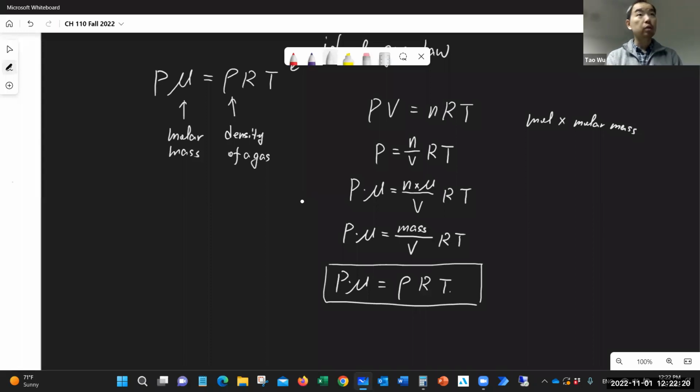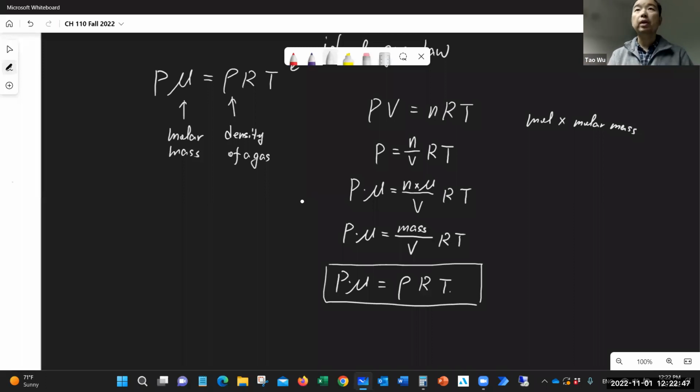Once you know the molar mass of the gas, that gives you a hint, because different chemicals have different molar masses, right? If you know the molar mass of a gas, you can narrow down what kind of unknown gas it is. Does that make sense? Especially for those common gases.